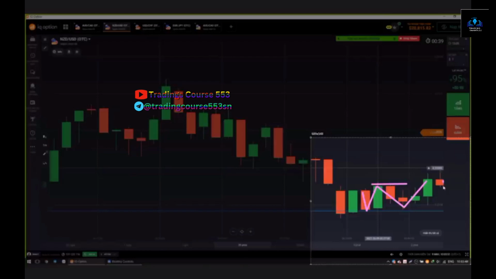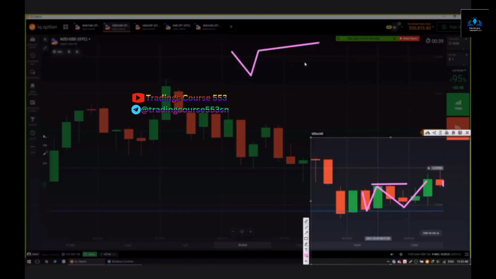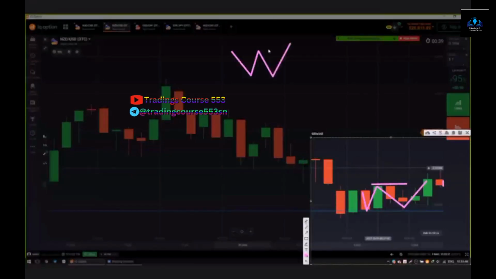I may have a red candle after this. If I have $100, I can go $2 for the red candle down here. So let's see if it's right. It is a red candle. Win. So that is the strategy today.